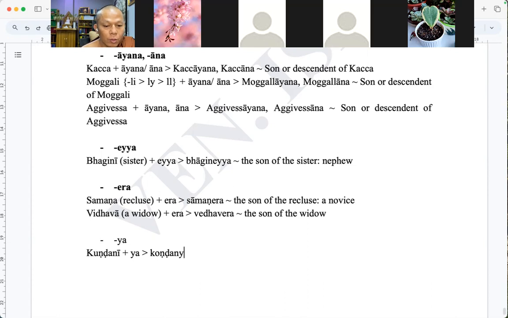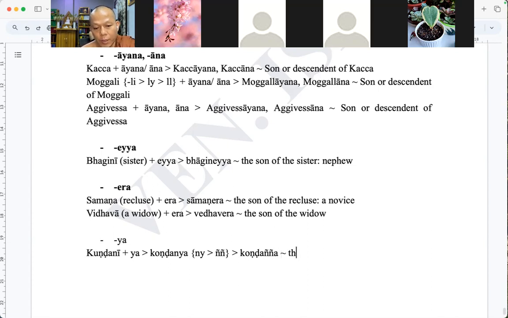So, and the U is changed to the O even though before the double consonant. So, konda nia. And then from there, so na ya change to the, nya nya. So, and then, we have the kondenya. Kondenya.